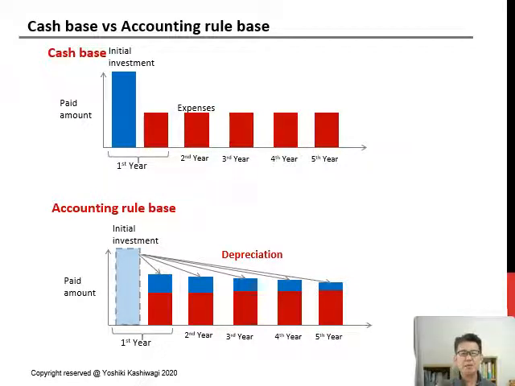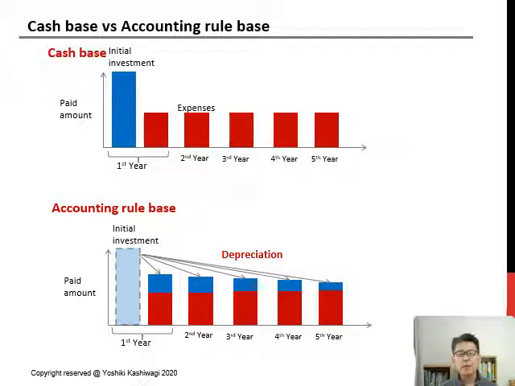And let's go back to the cash base, which we will use for our business plan. Instead of following strictly the accounting rules or depreciation concept, we will not use this. And we will focus on the cash base. That means it's very simple. Yes, we recognize the whole amount of the initial investment in the year you paid, in this case, the first year.